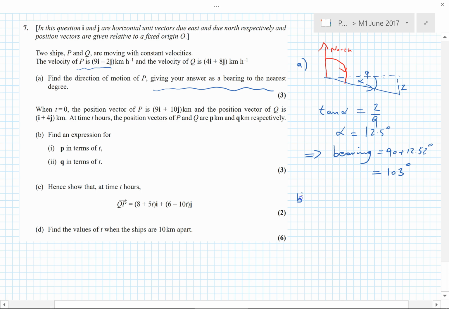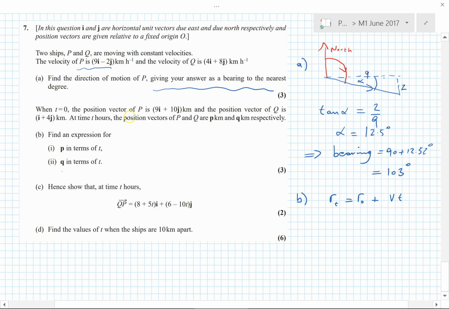Right, for part B, there's just finding the general expressions for the position vectors, and we can use this formula. Final position vector after time t is equal to the initial position vector when t equals 0 plus the velocity times time.